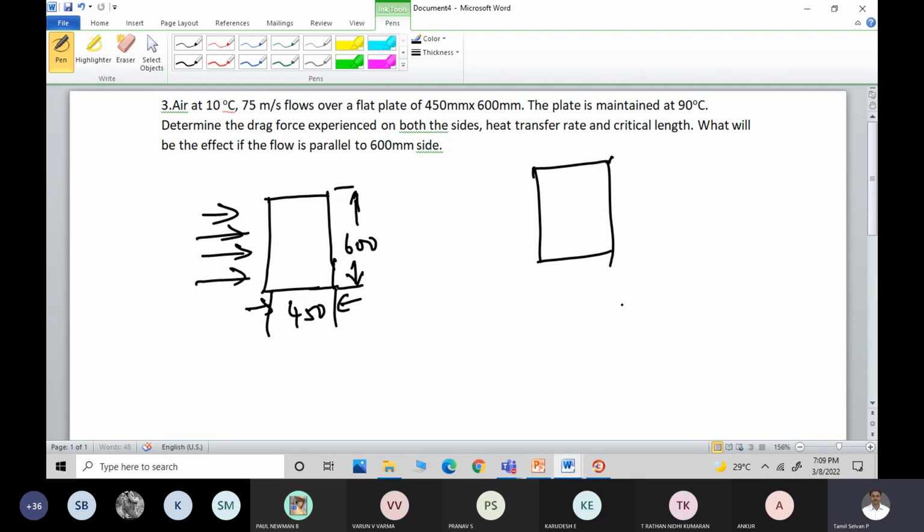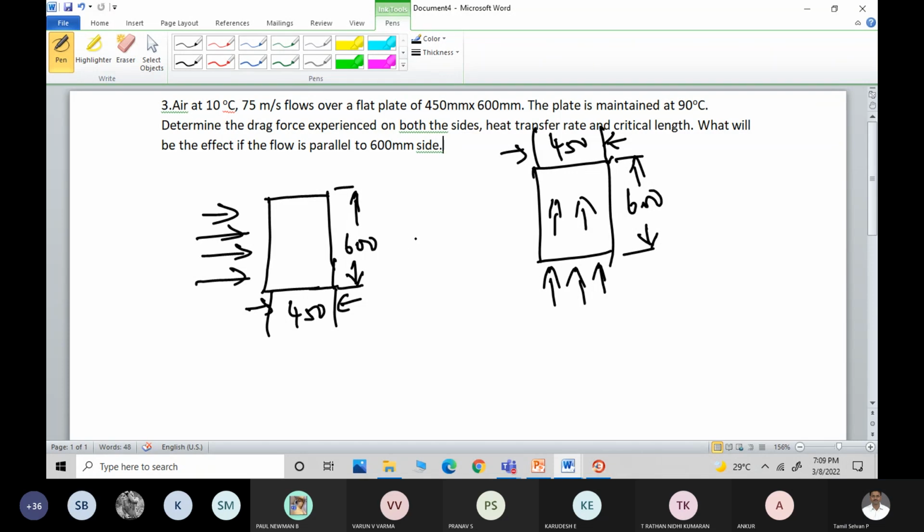In the second case, the air is flowing in this direction towards the 600 mm side. So this will be 600 mm, and this is 450 mm. First I will be solving this one. The same procedure you adapt for the flow across the 600 mm side. Is it fine? Yes, sir.